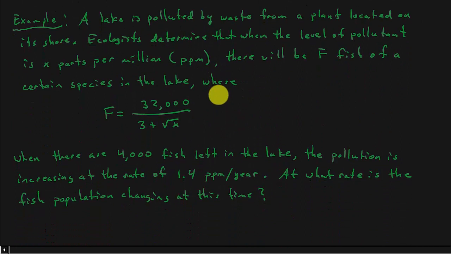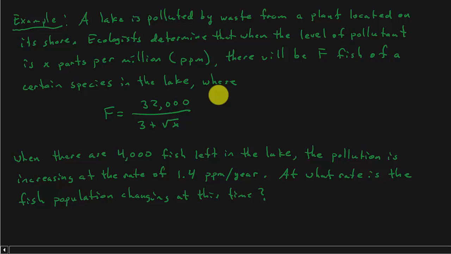All right, let's look at this one. I think we only have two more left, so just hang in there. It says a lake is polluted by waste from a plant located on its shore.